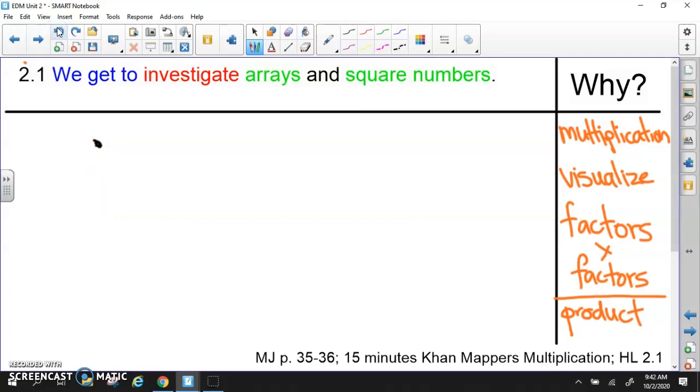Awesome. So that's what an array is. An array is a dot pattern that shows, for instance, this would be 2, because there's 2 this way, and then 4 this way. The factors would be 2 times 4, and it equals 8, and you can count them up and see that there's 8. Is everybody okay with that?